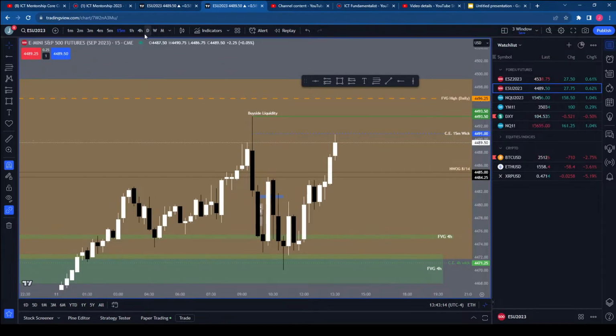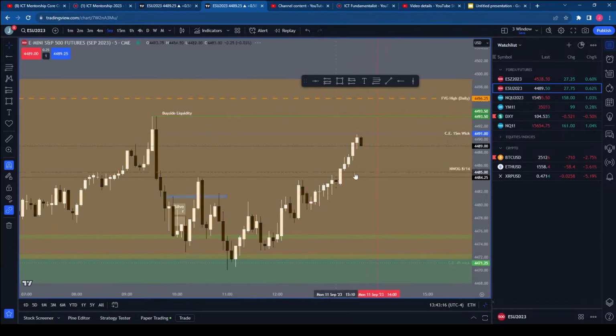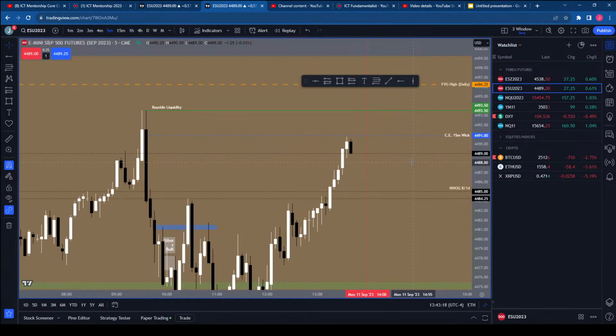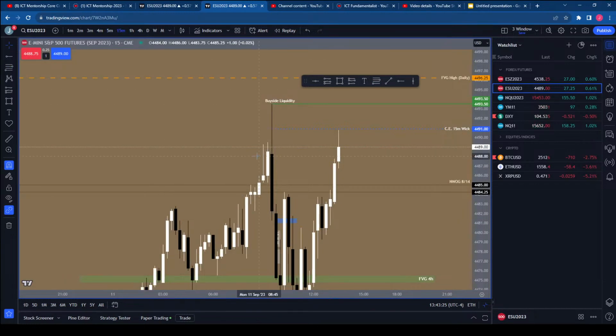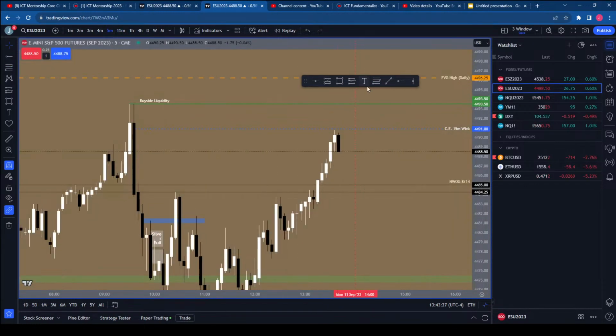It's about a tick shy. Okay. If you notice, that coincides really nicely if you want to consider this an order block with the mean threshold for that order block. If you want to consider this whole thing the order block, it's right there.